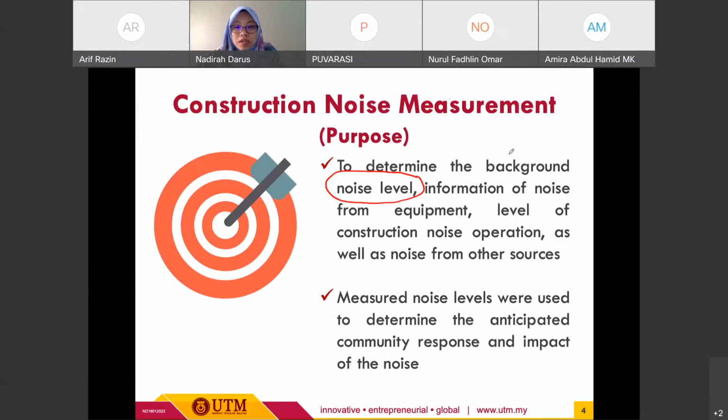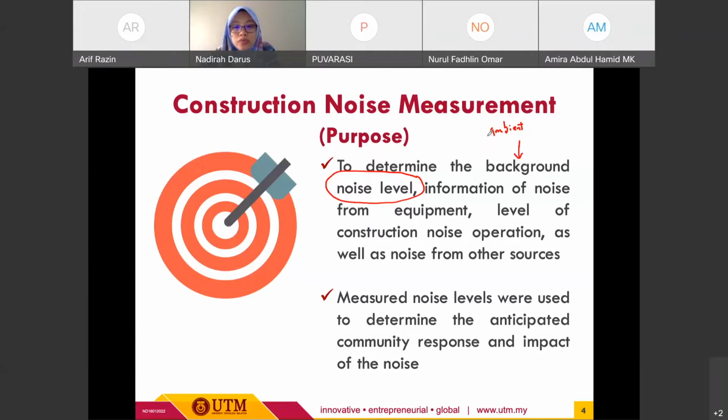Sometimes we refer to the background noise level as ambient, meaning the existing ambient noise level. So we need to know the existing ambient or background noise level for the specific location that we focus on to proceed with the detailed noise measurement.